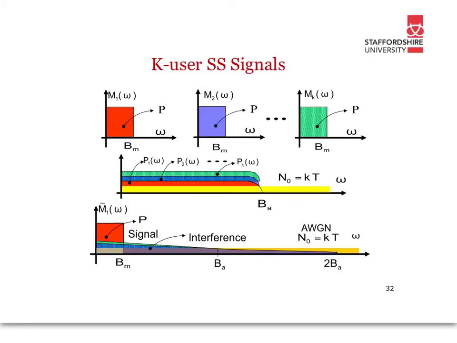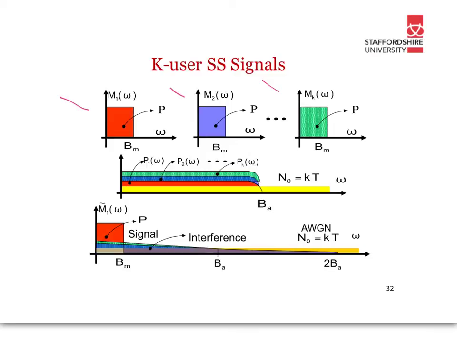Here we have the same thing shown pictorially. We've got users 1, 2 and K, all occupying the same narrow bit bandwidth from 0 to BM. These are all in the frequency domain, or omega.